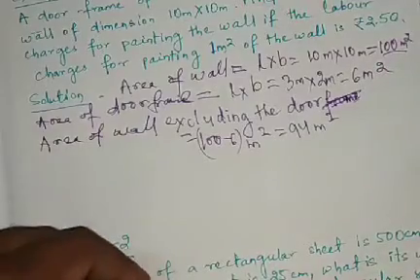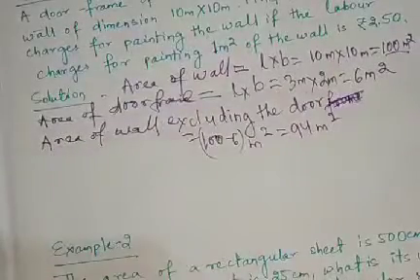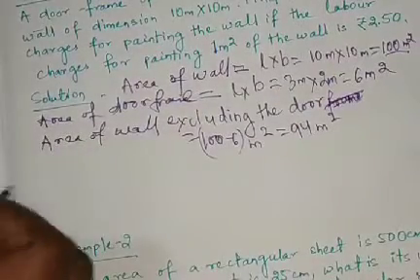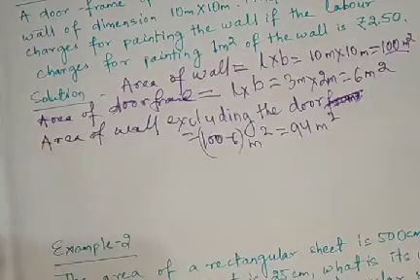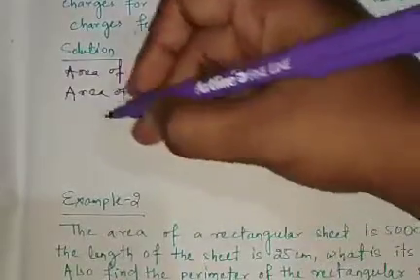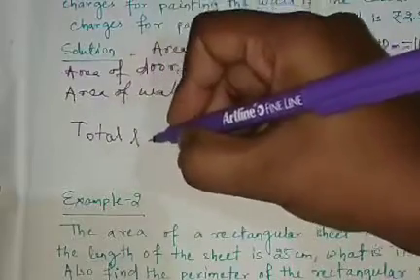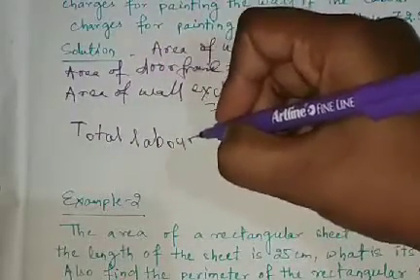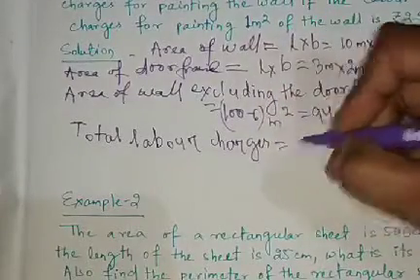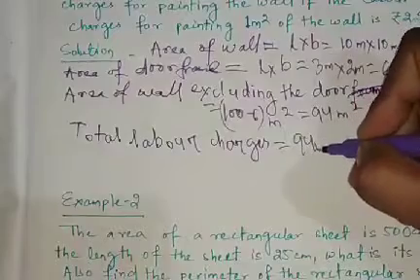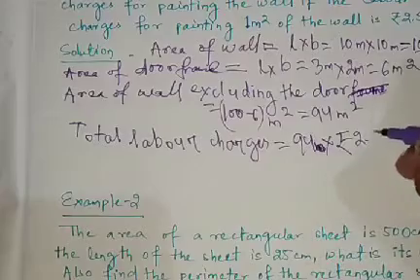So what are the charges? The charge for 1 meter square is 2.50 rupees, meaning 2 rupees 50 paise. So what will you write? Total labor charges equals area into rupees.